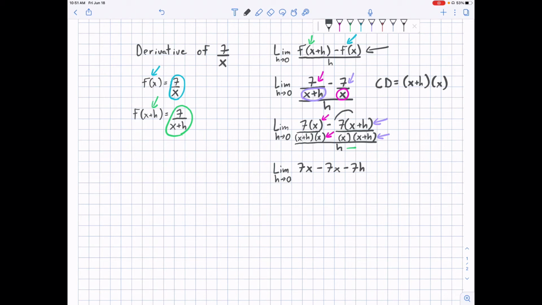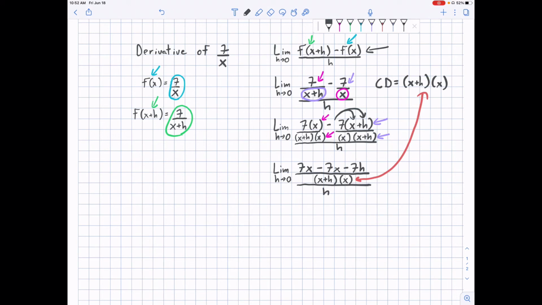What I did is distribute that negative 7 in here using the distributive property. Now, since both of the denominators are the same, I can write this all over a single expression, x plus h times x. That's the same common denominator that we have up here. And again, this is all divided by h.